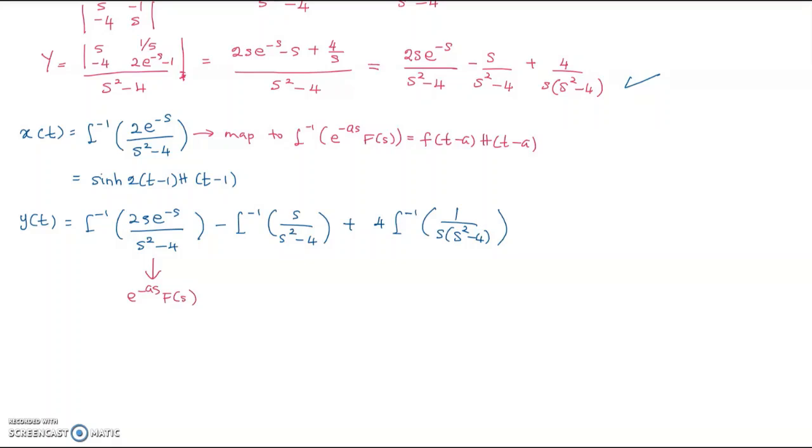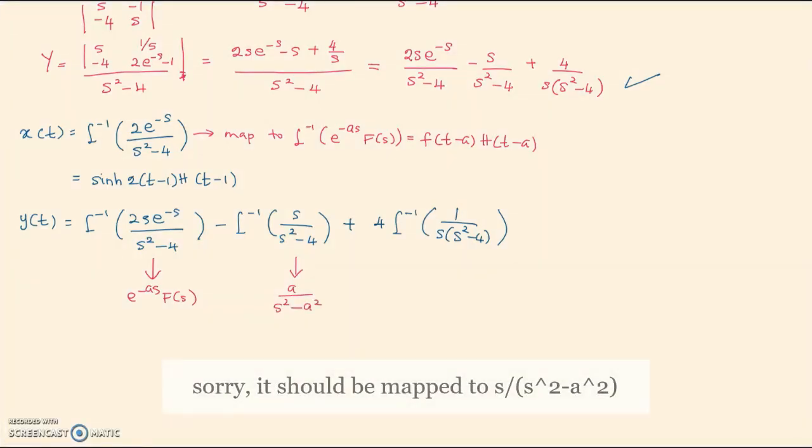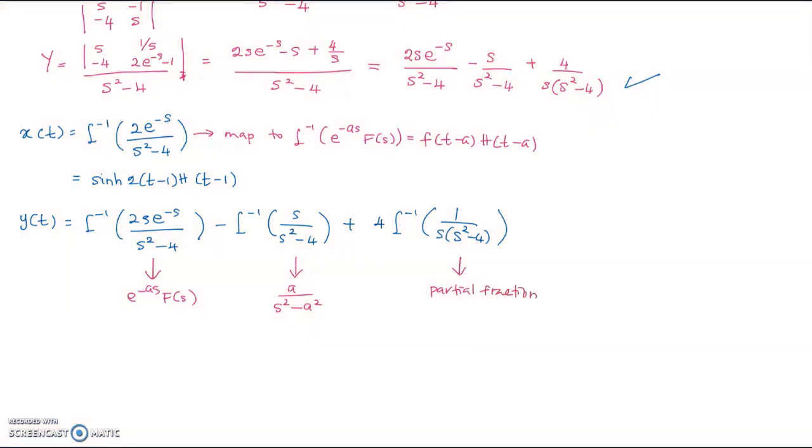And this one is a straightforward mapping. This is a mapping to a over s squared minus a squared. And this one you need to rewrite further in terms of partial fractions.